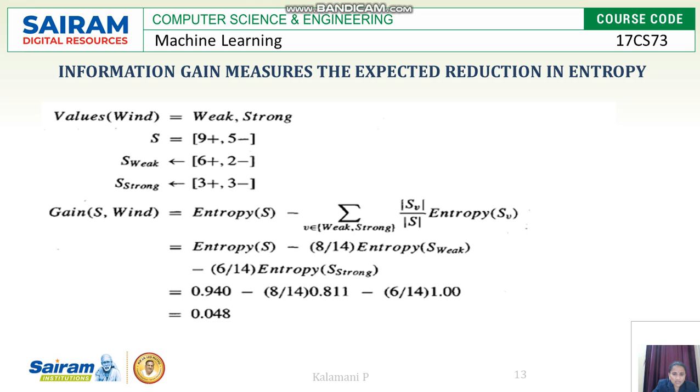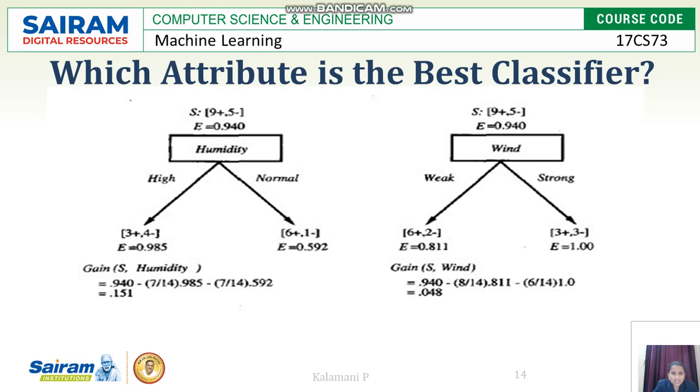Then we find the entropies, and finally we get the information gain as 0.048. Which attribute is the best classifier? Humidity gives 0.151, while S comma wind is 0.048. Comparing these two, the humidity value is more, 0.151, so humidity will be the best attribute and will be taken first.